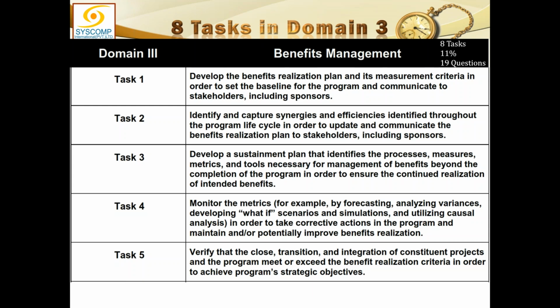Task number 5, as far as the management is concerned, verify that the close transition and integration of constituent projects and the program meet or exceed the benefit realization criteria in order to achieve program strategic objectives. But what we are not targeting is to fall short of it.